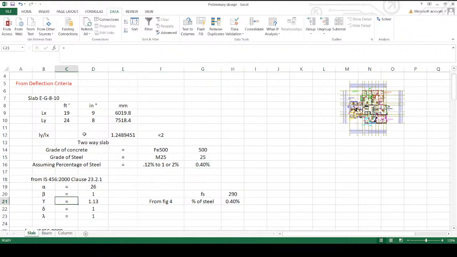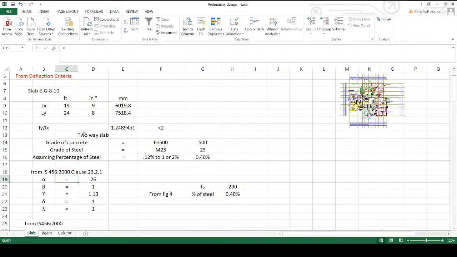From the IS 456 code, alpha is 26 for a continuous slab, beta is equal to 1 because the span is less than 10 meters, and gamma is equal to 1.13 from the fs, 0.58 into fy is equal to fs.